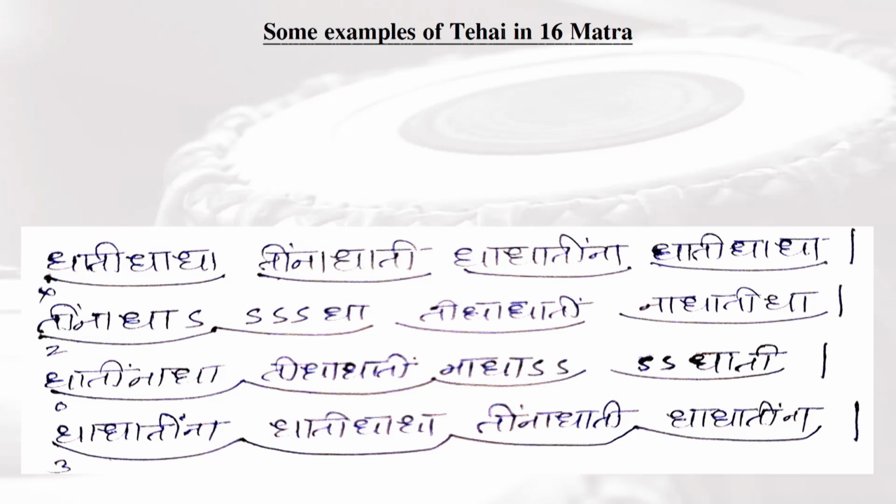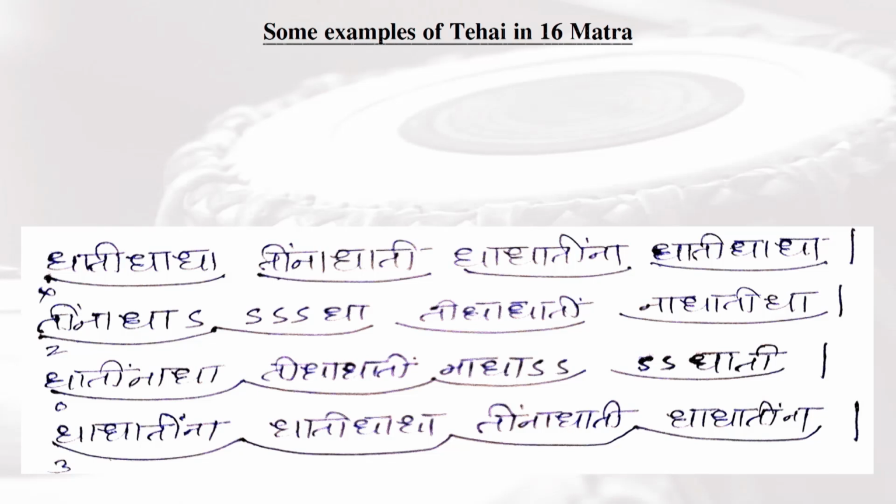I am purposely using basic language, because language can be in any form. The Pakhavaj language can be there or Tabla language can be there. So this is the basic language form which I am using for better understanding of the students.